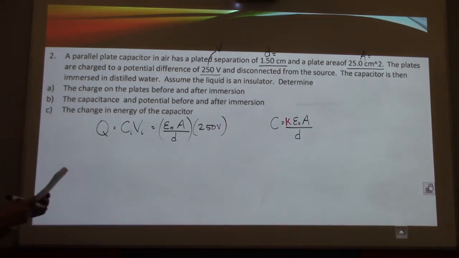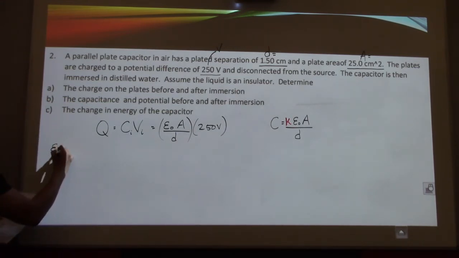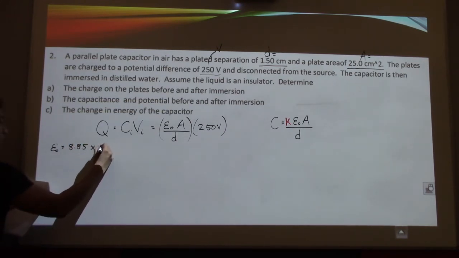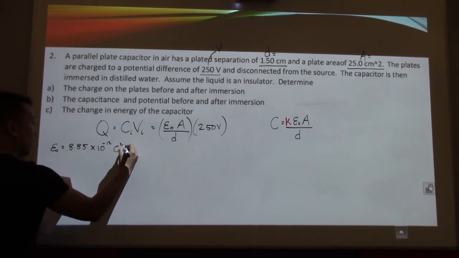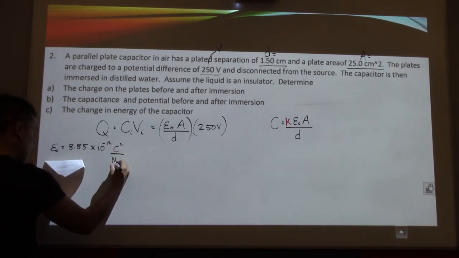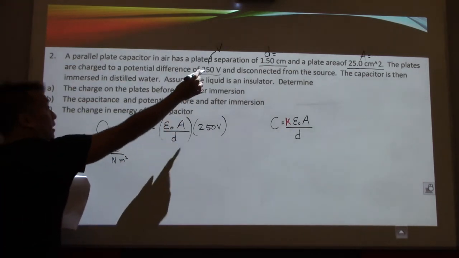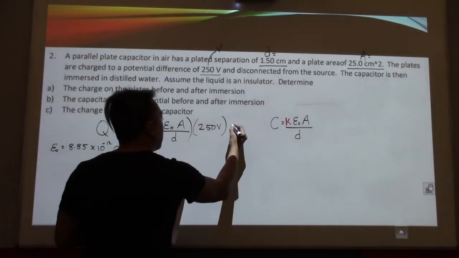Right? And if you plug all those things in, epsilon naught is 8.85, again to remind you guys, times 10 to the minus 12 coulomb squared per newton meter squared. We know area, we know distance, voltage, we can calculate this. What does that end up being?